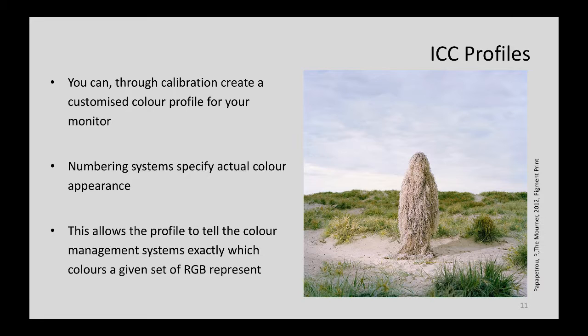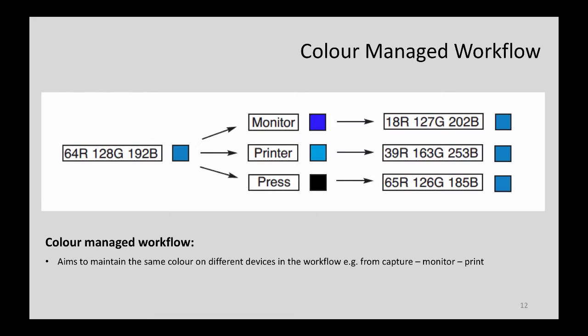It's actually the numbering systems behind what we see on the screen that specify actual color appearance. And it's these profiles that tell the color management systems exactly which colors a given set of RGB numbers should represent. So what do I mean by this?